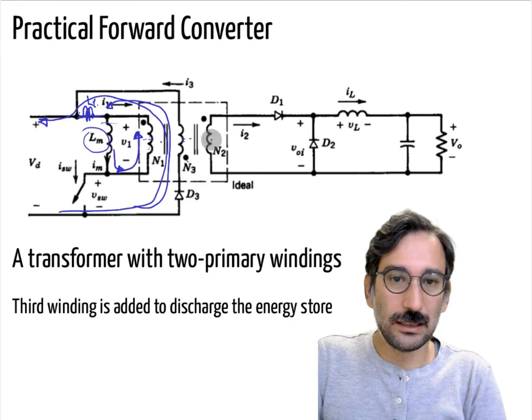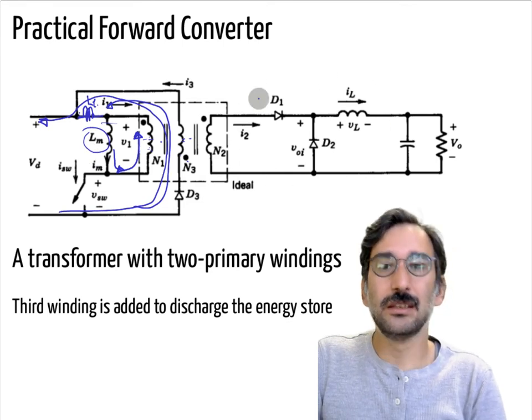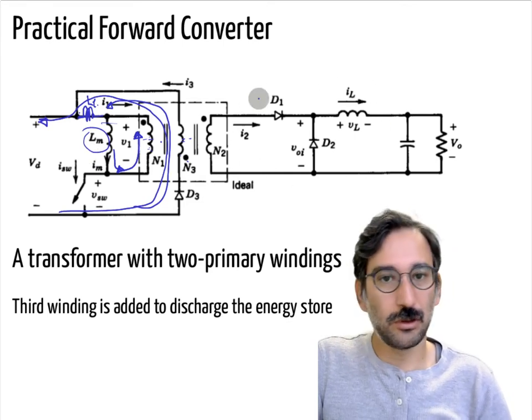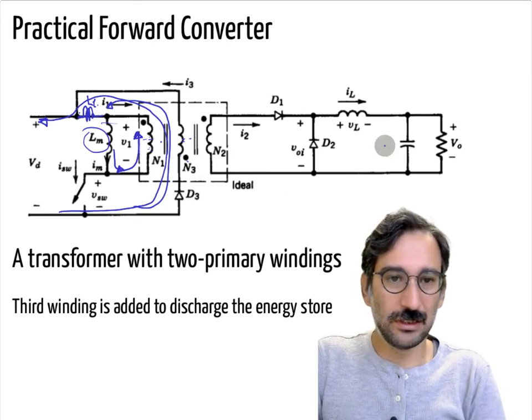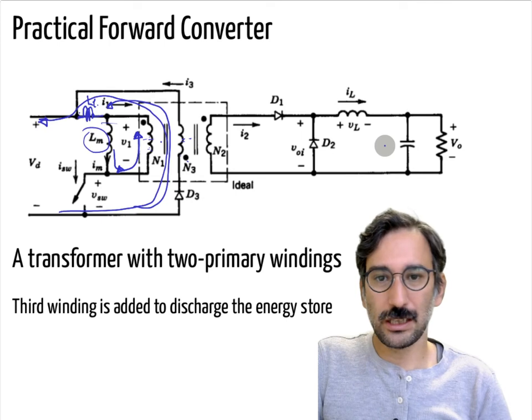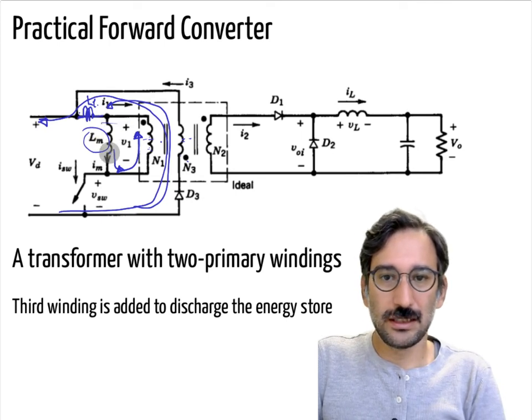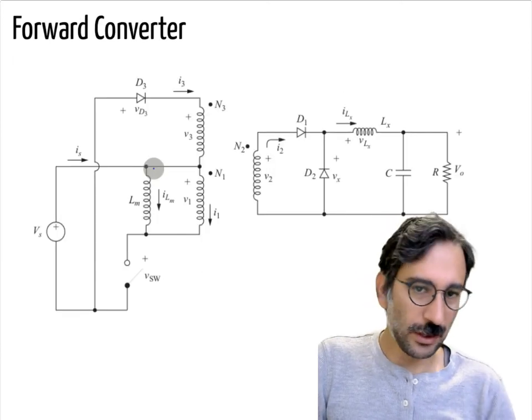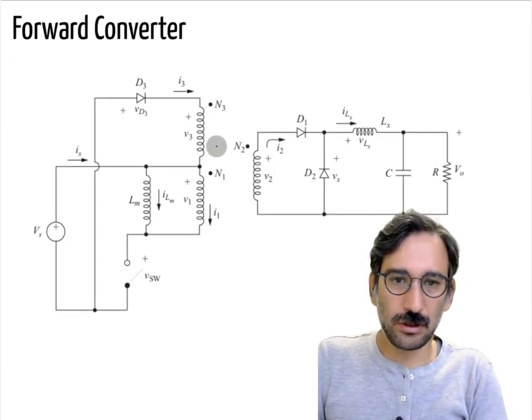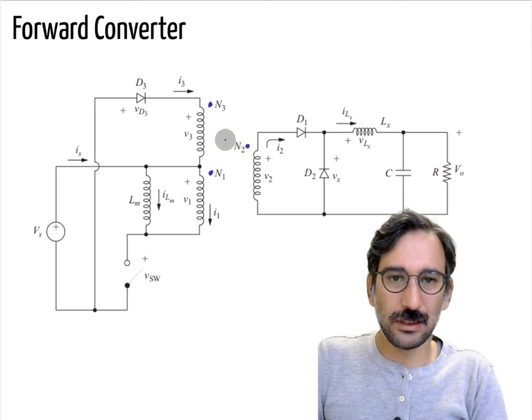Okay, so the operation of the main forward converter is the same. That one is not affected, and we still have the same voltage characteristics. The only difference is that now I have a path for LM to discharge. So let's redraw that circuit, and again, the polarities of that one and that one are the same.